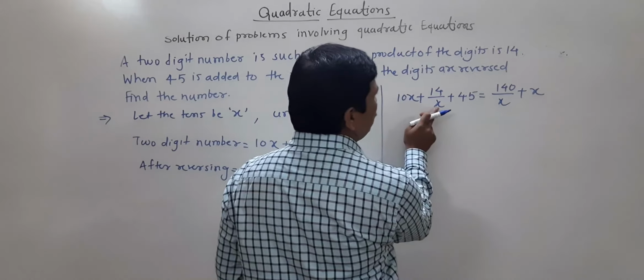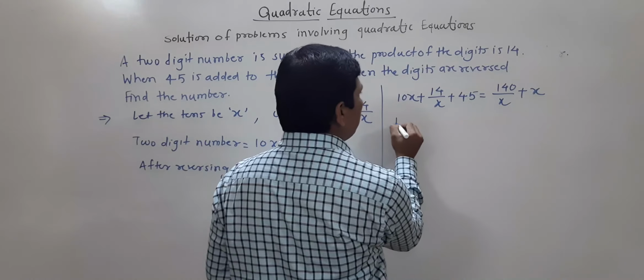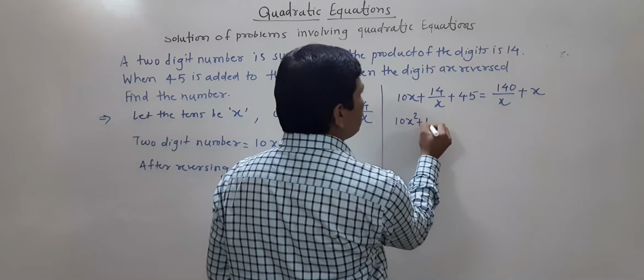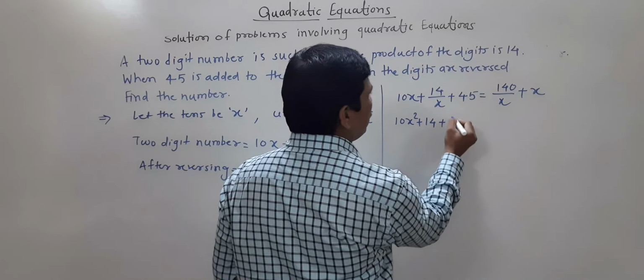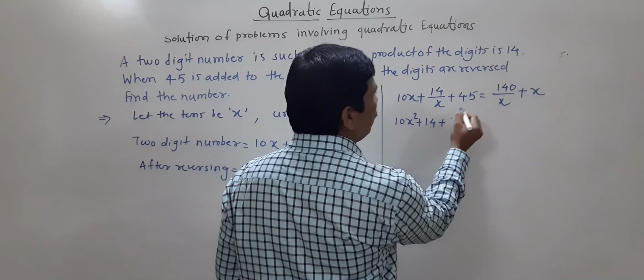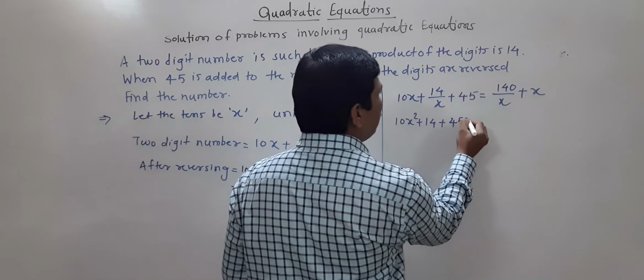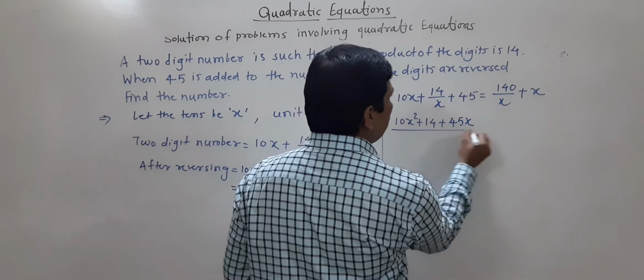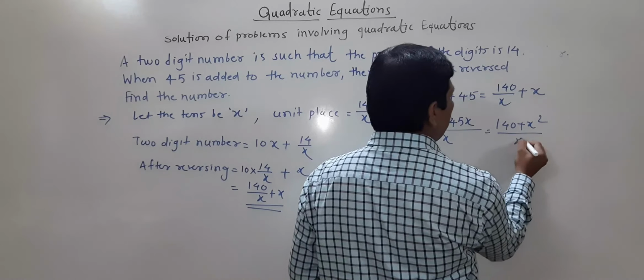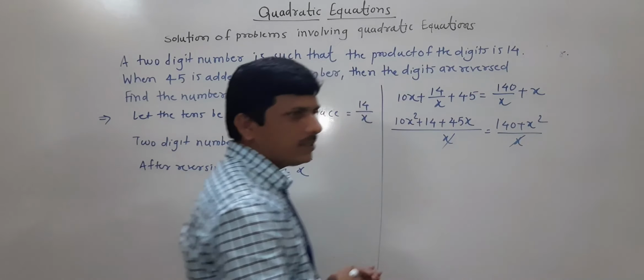Okay, so 10x into x will be 10x square, plus 14, plus 45 into x will be 45x, divided by x, is equal to 140 plus x into x, which is x square, divided by x. So this x will be cancelled.